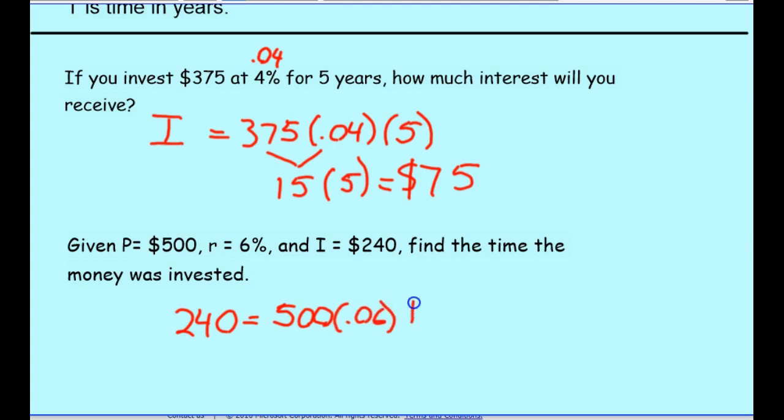And we don't know our T. So what we have to do then is solve this. So 500 times 0.06, and we get 30 times T equals 240.